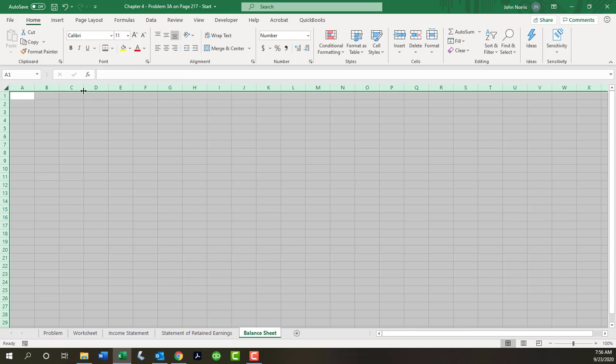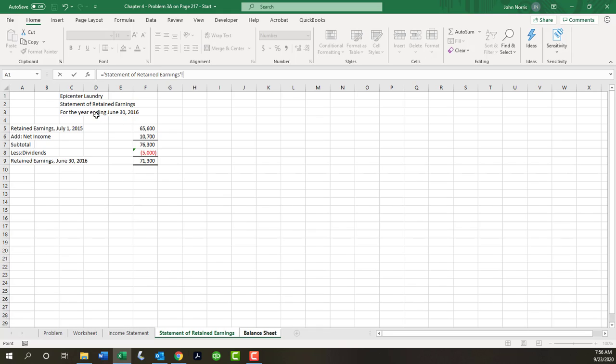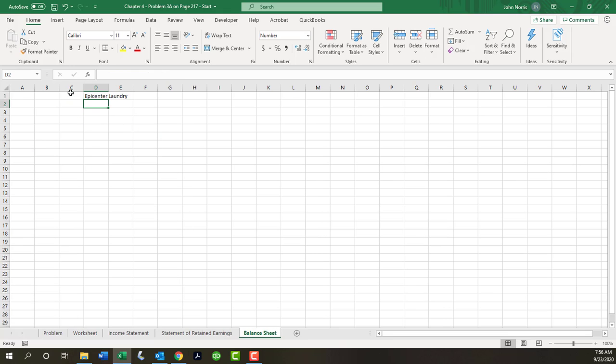Then we have the balance sheet. This is as of assets.